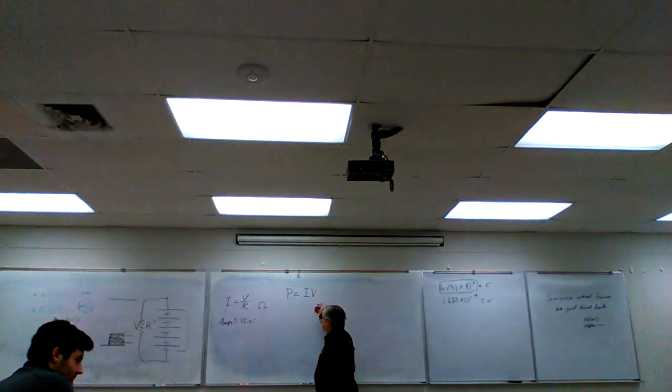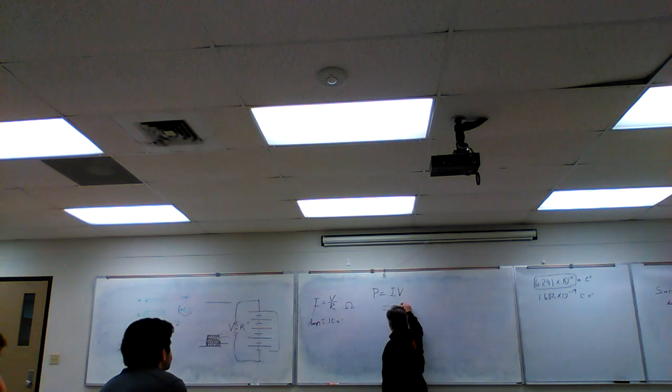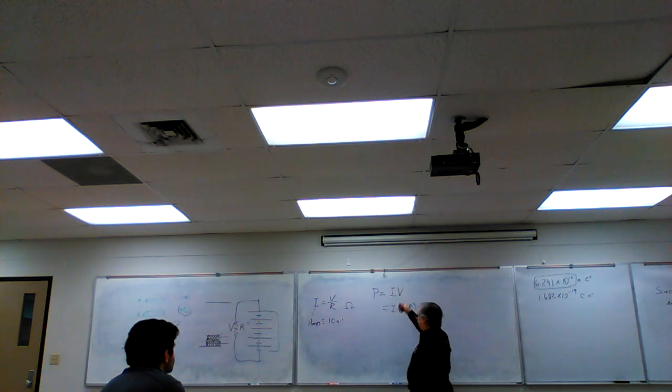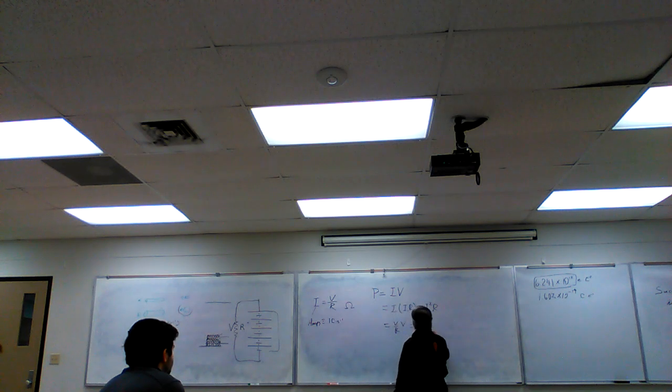And again, voltage is IR, so that could be changed to I times IR, or I squared R. I is V over R, so it could be changed to V over R times V, or V squared over R.